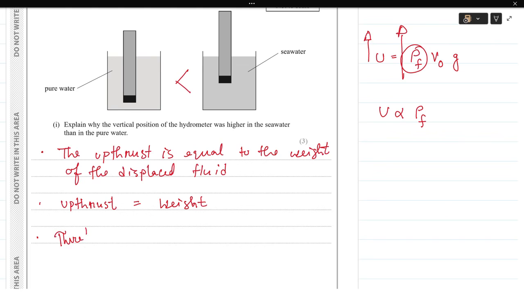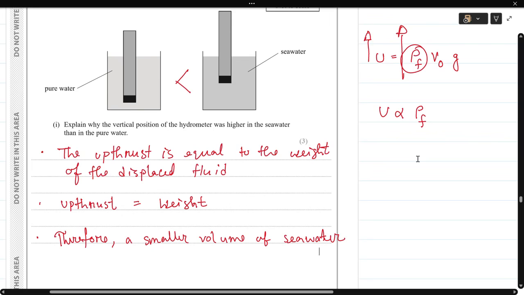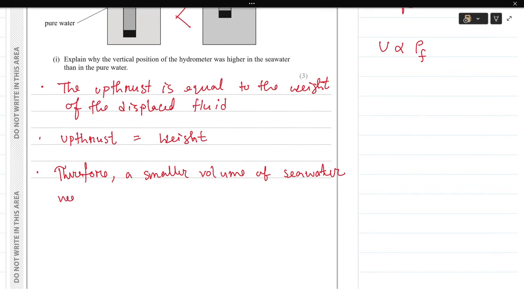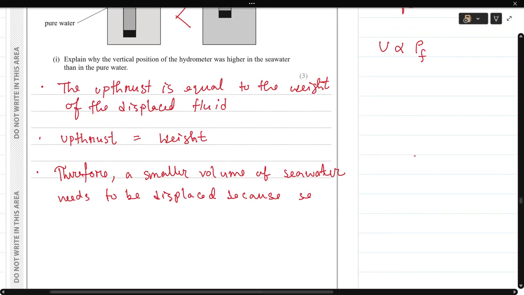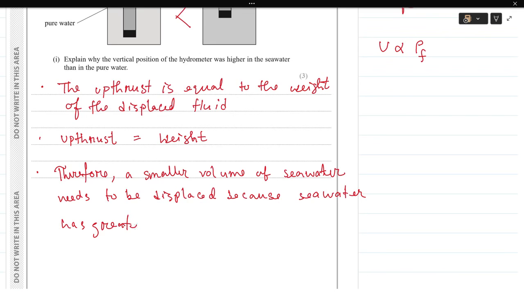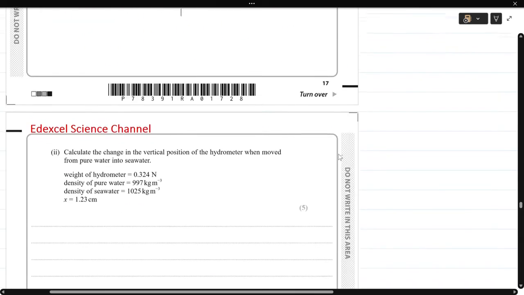Therefore, a smaller volume of seawater needs to be displaced because seawater has greater density. That is how we answer this question.